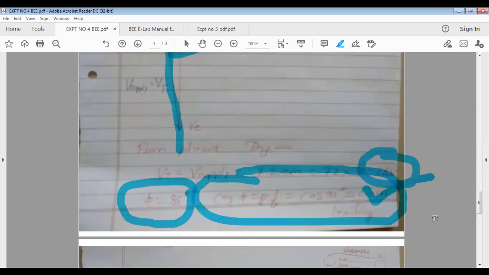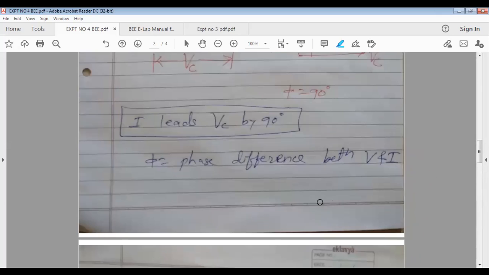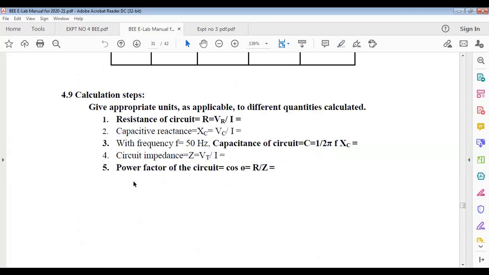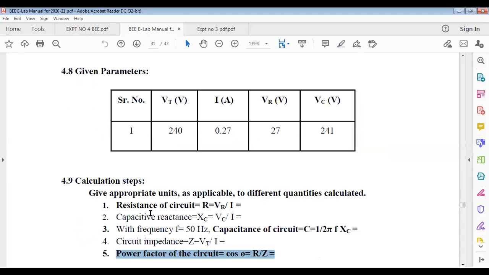This value of your power factor and whatever you have done in calculations will match. In calculations, the last step is the power factor. Both the values will match, and that supply voltage is the same as in your observation table.